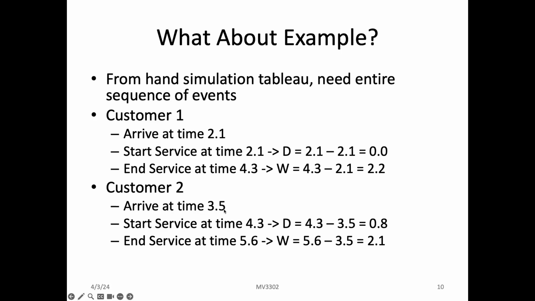The second one arrived at time 3.5. The time in the queue was 0.8, and he or she ended service at time 5.6, and so was in the system for 2.1 time units.